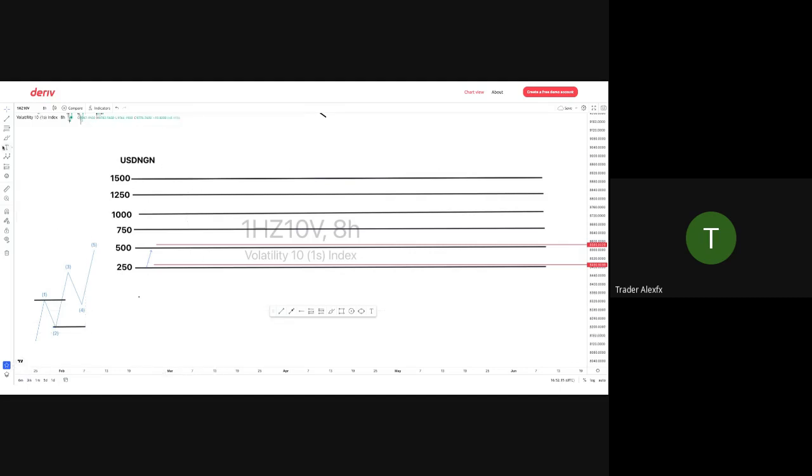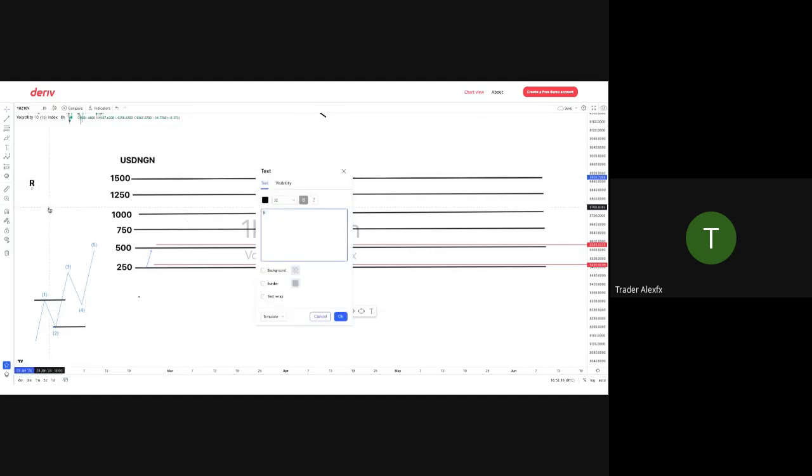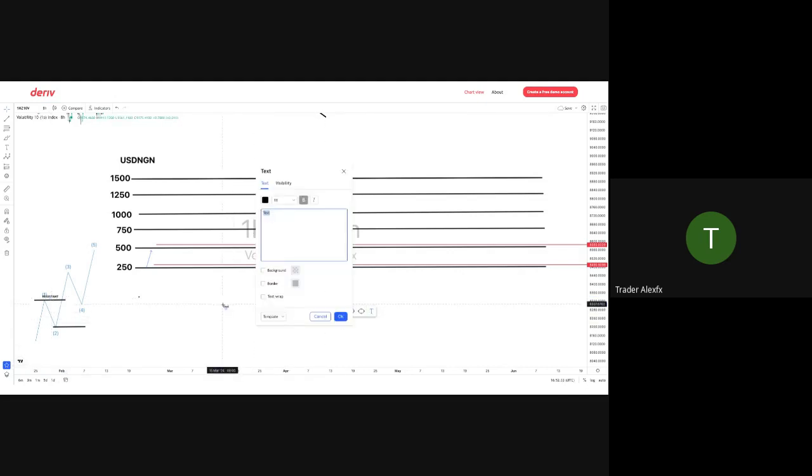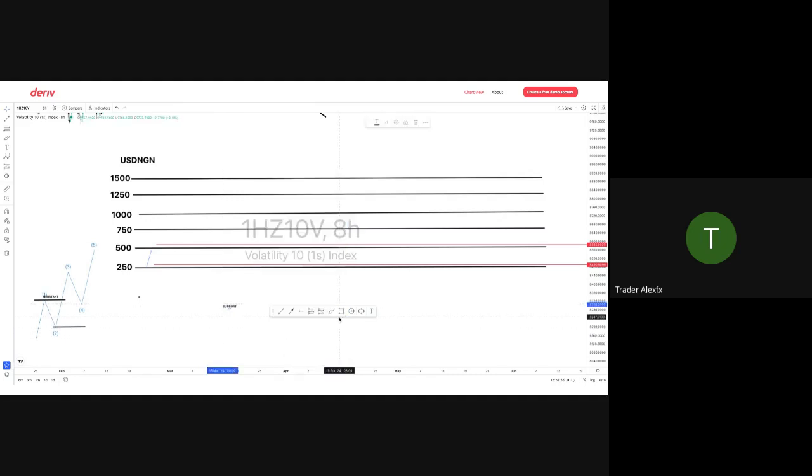You call that particular price a support price. Let me write it down. Call it a resistance. Support. You understand?